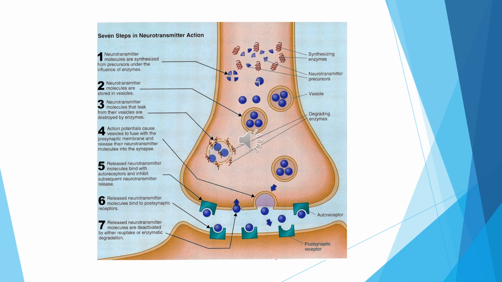And then finally, number 7, these released neurotransmitters are going to be deactivated in one of 3 ways that we talked about in the previous slide. Either the trolley will take them back up into the axon, or an enzyme in here will destroy them, or they will just kind of diffuse off to either side and be reabsorbed into the glial cells.